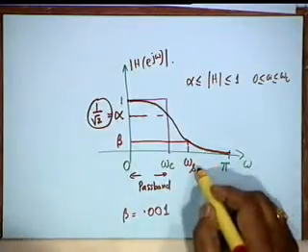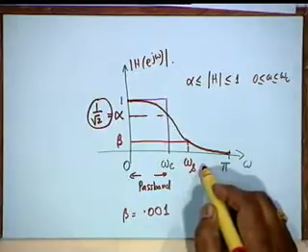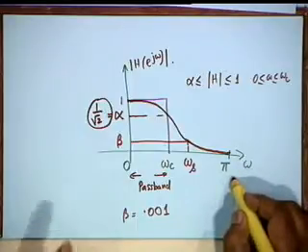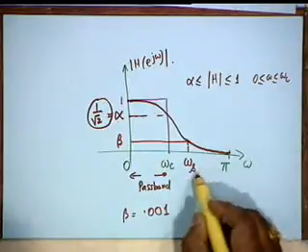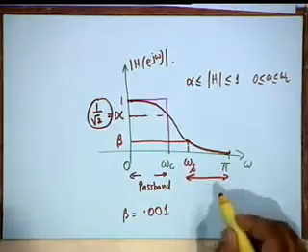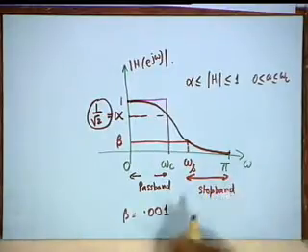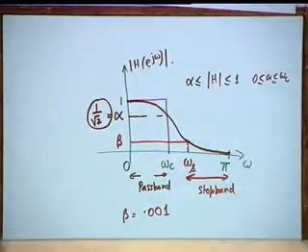Omega s may correspond to 4 kilohertz, and pi should correspond to the end of the audio band, 20 kilohertz, and this band omega s to pi is called the stop band. That is, whatever may happen elsewhere within the stop band, the signal must be attenuated by at least the amount specified. It could be 60 dB, it could be 80 dB.